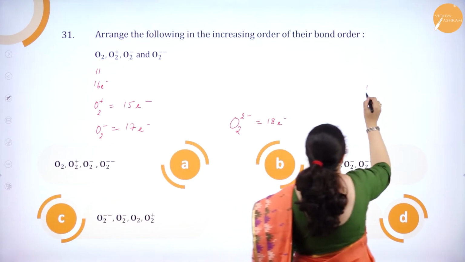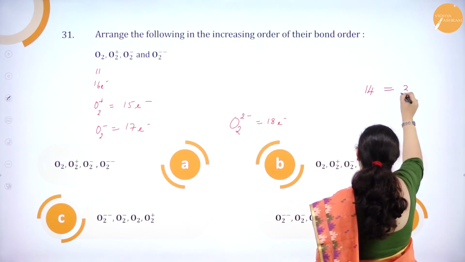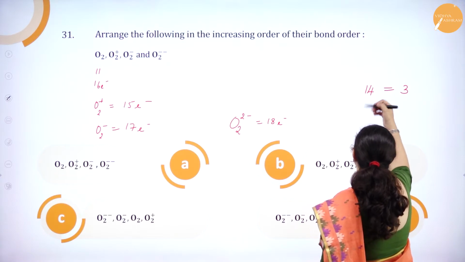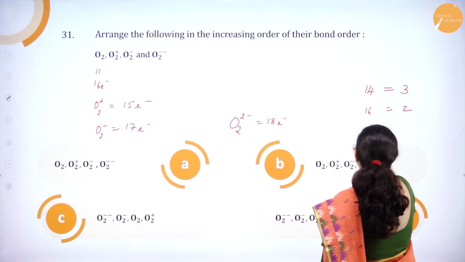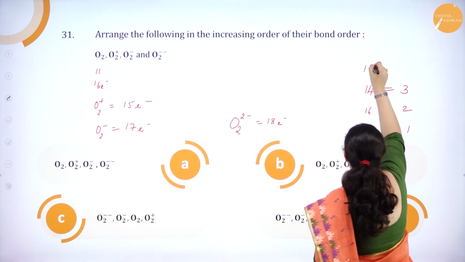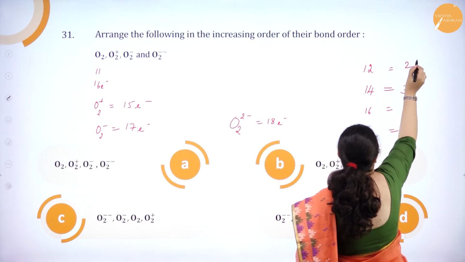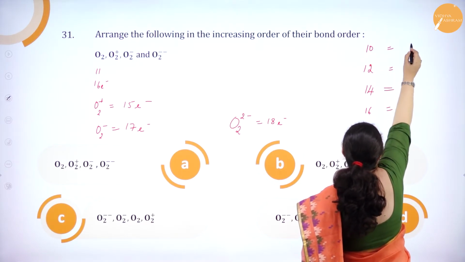Now bond order, just with the number of electrons I can tell. 14 electrons means bond order is 3. If I increase by 2, 16 electrons, it is 2. Increase by 2 more, 18 electrons, it is 1. If I decrease by 2, 12 electrons, it is 2, and 10 electrons, it is 1.